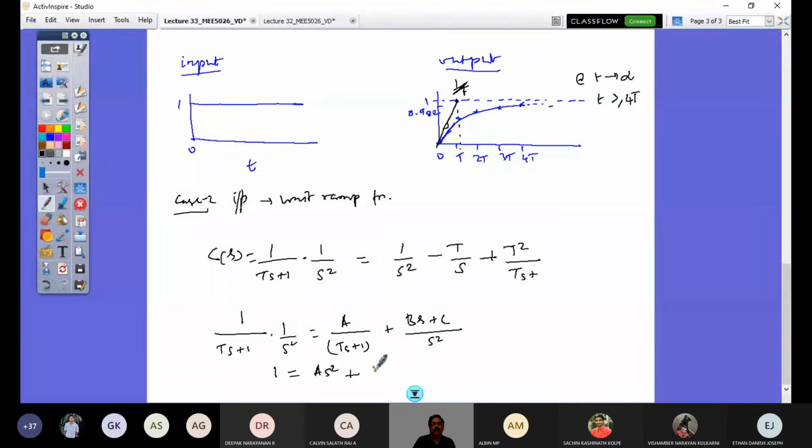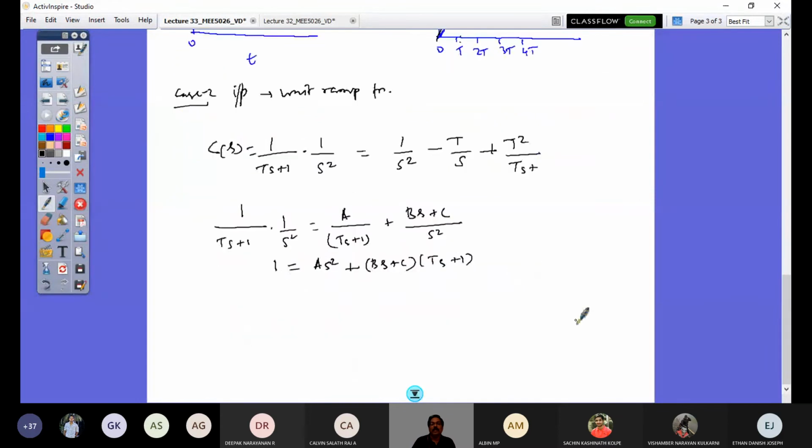In this I can now put the s value as 0. If I put s as 0, I will have the c value as 1. If s is 0, c is 1.